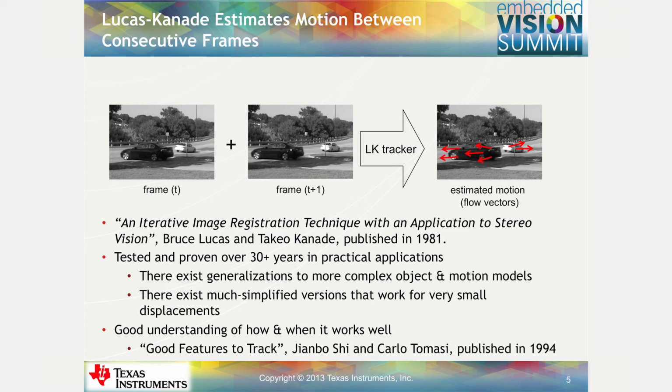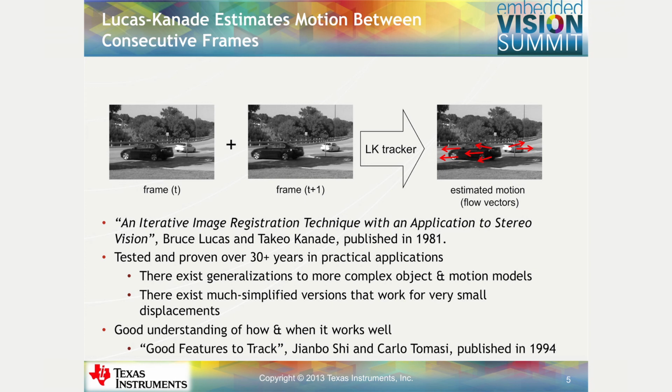This method actually goes back to Bruce Lucas's dissertation with Takeo Kanade back at CMU in 1981. And over the years, it has really proven itself to be a very practical, very successful, and robustly running solution for this. Of course, people have come up with generalizations as well as simplifications.